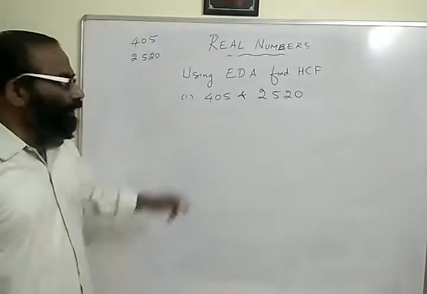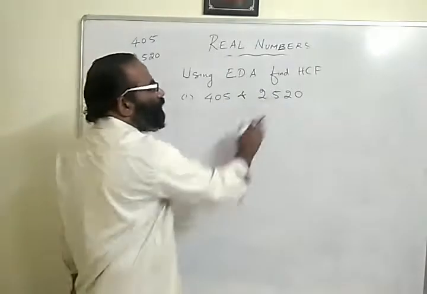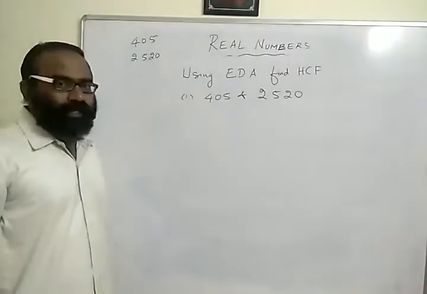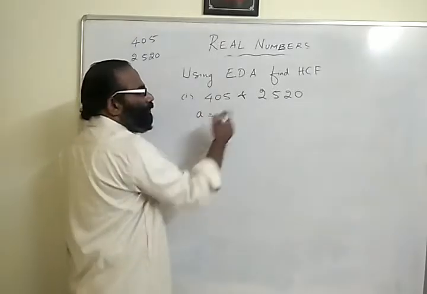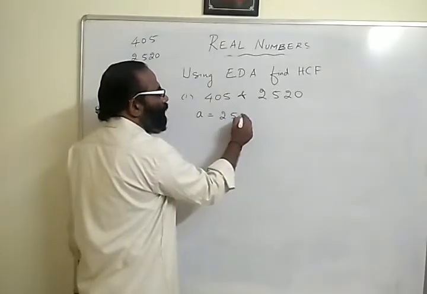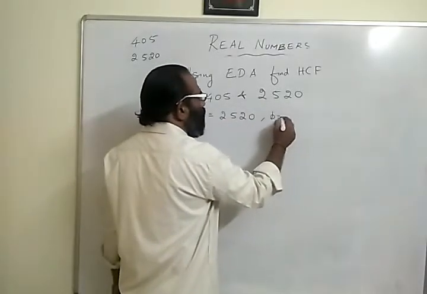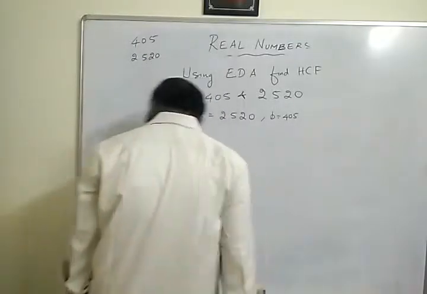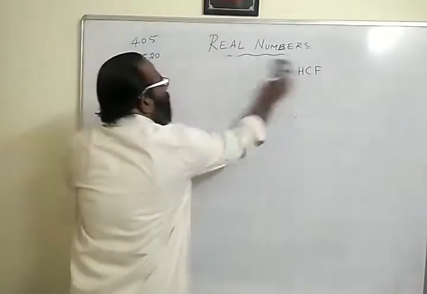Let's see how we will do this. Whenever we get two numbers and we are asked to find the HCF using Euclid's division algorithm, let us take A equal to the bigger number, 2520 in this case, and B is 405. On one side I will keep doing the division.